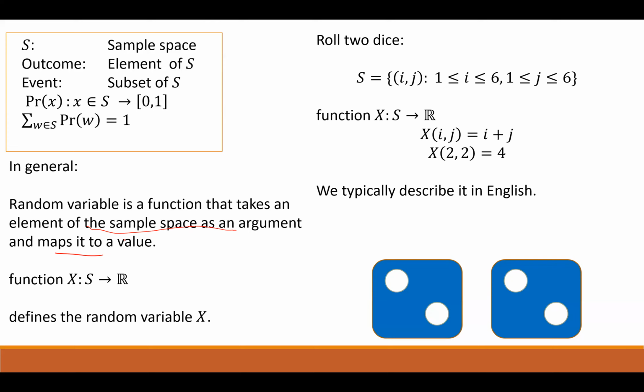So this is our random variable X, which is the sum of the 2 dice. We can write it out like this, but typically we just describe it in English. We'll say that the random variable X is equal to the sum of 2 dice.